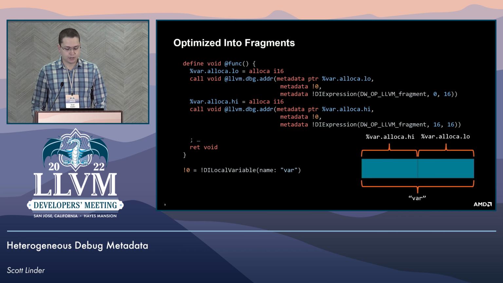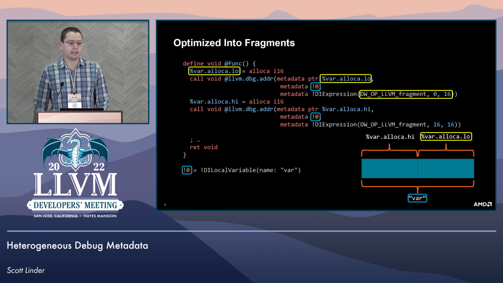Well, we need to update the expression for each piece to add that tag at the end saying, I'm actually only part of the original variable, and here's where I fit in. So like before, we tie both intrinsics to the same local variable. We update the expression for the first intrinsic to say we're actually just defining 16 bits of the source variable starting at bit 0. And then we can tie this to the allocation for that lower half.